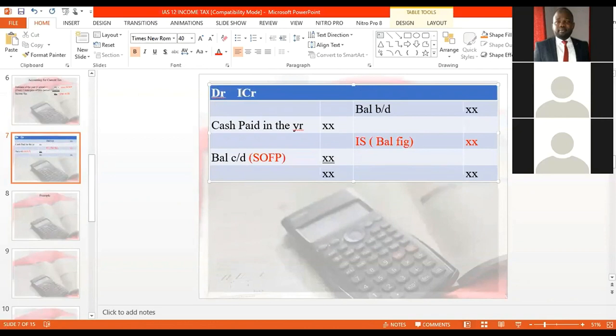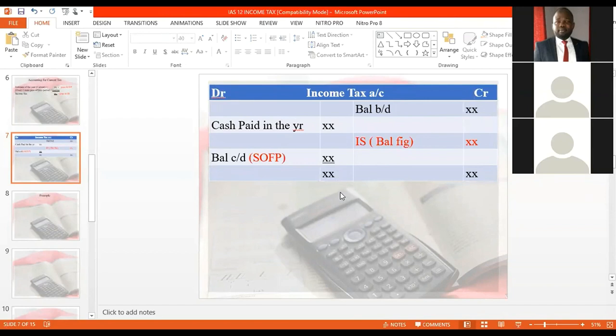So it is called the income tax account. That is the name of the account. Naming of the account is more of financial accounting than financial reporting.